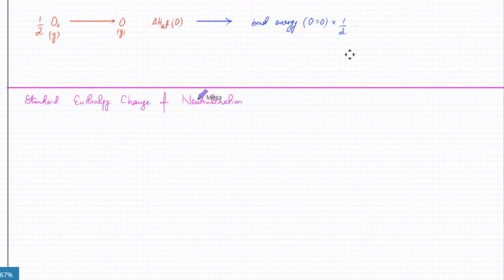What happens is, this is known as delta H N with a knot on top. That is enthalpy change of neutralization.